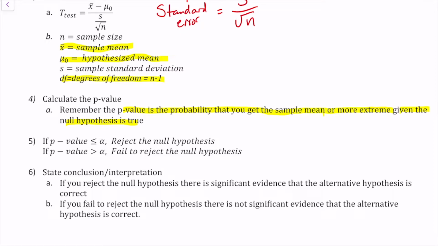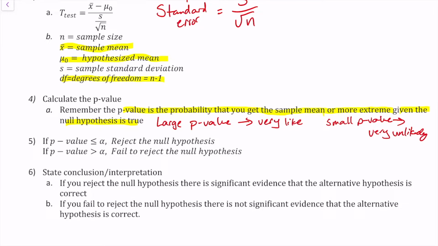Remember, a large p-value corresponds to it being very likely that we get that sample data. A small p-value indicates that it is very unusual, very unlikely that we observe this data.